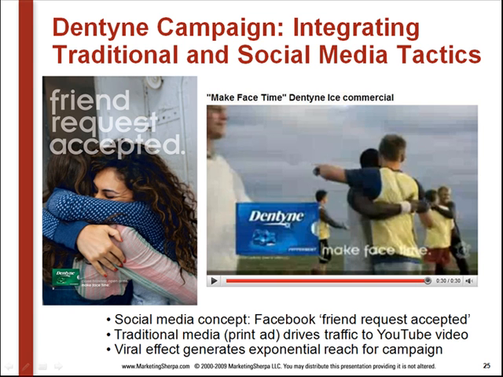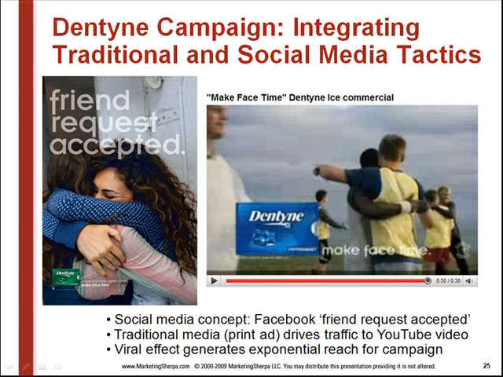What's so important about this case is that Dentyne not only had an ad that referred people to a YouTube video to increase traffic to that video, but they used a social media concept to do that. The headline, "Friend Request Accepted," as anyone who has a Facebook account knows, is very recognizable. And so if you're reading that and it's capturing your attention, you're more than likely also sitting at your computer and can easily get to the video that it references on YouTube.